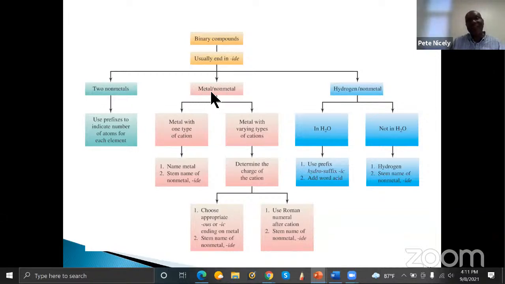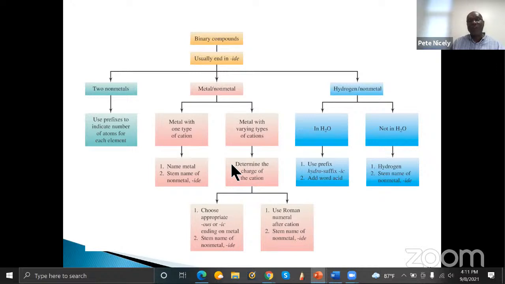In the case of binary ionic compounds, there are two types. You have one that is formed with metals of one type of cation, in which case you simply name it starting off with the name of the metal and then the stem of the name of the nonmetal, and then ending with IDE, all right? Then over here, if we're talking about a metal that can form more than one type of cation, then you have to determine the charge on the cation, right?